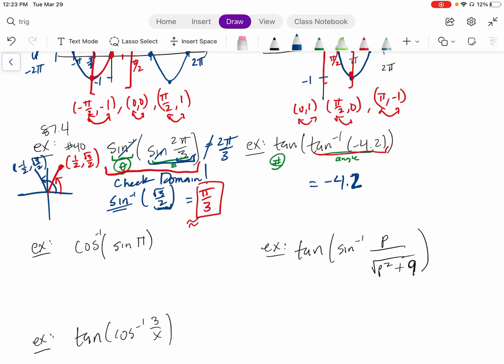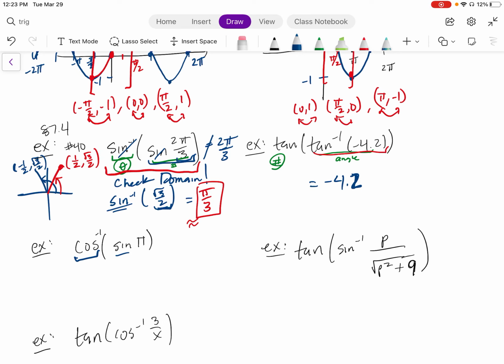All right. Next, cosine inverse and sine, those don't cancel, right? Yes, this is an inverse, but it's not the inverse of sine, it's the inverse of cosine. So that's why, with all of these, really think about the domain and go through the process anyway.